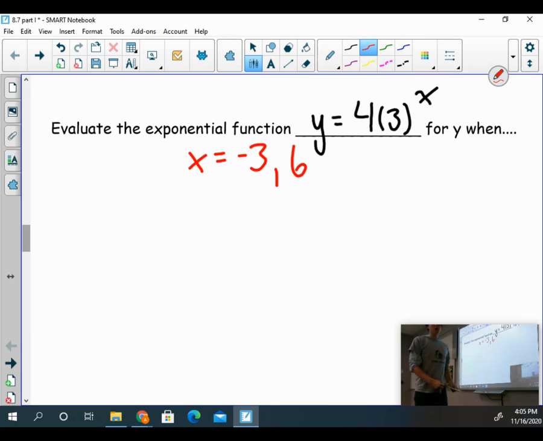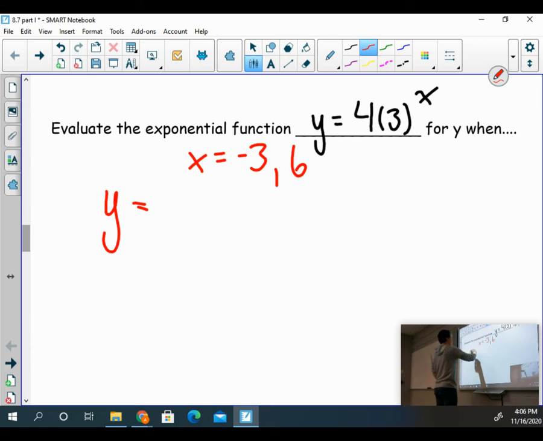Go ahead and pause the video and see if you can figure this out. Evaluate the following exponential function. Okay? You've given it a shot at this point, and what I hope you did is didn't overthink it. You just plugged in the x values I gave you for x and saw what y was.